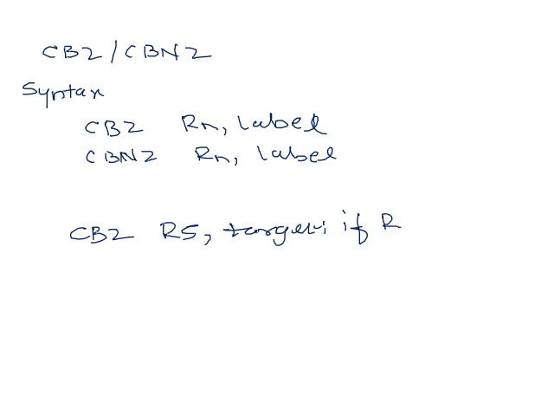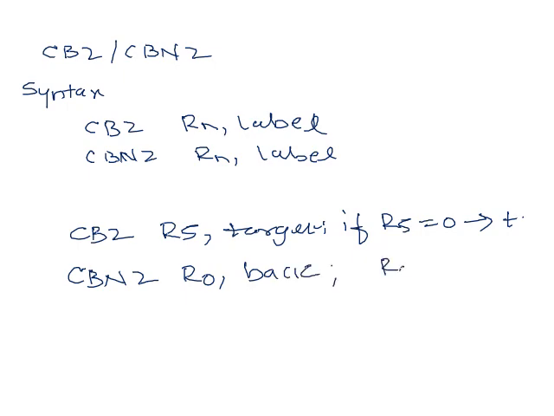If r5 is equal to 0, it will jump to target. Similarly, if I write cbnz r0, back, where back is a label, what is the condition here? If r0 is not equal to 0, then jump to the label back.